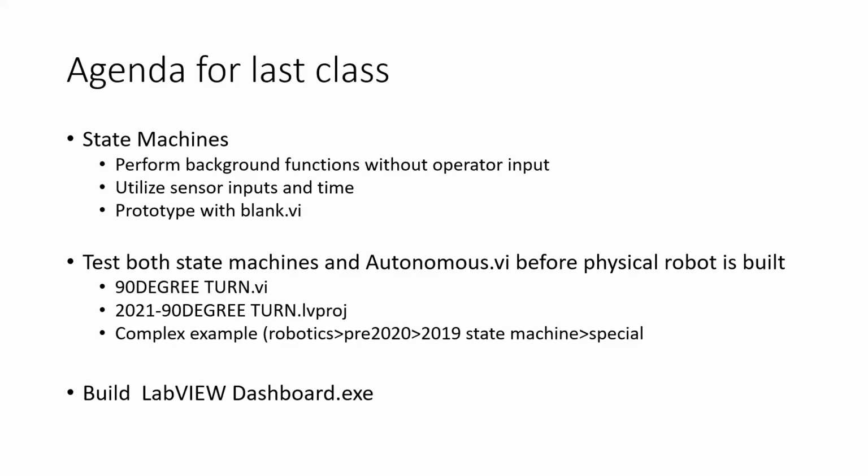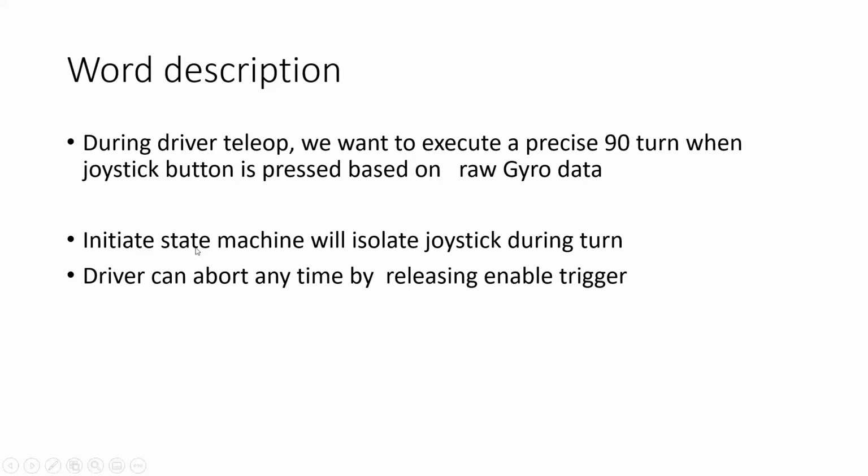So in the robot, we use the state machine to perform background functions without the operator having to do anything about it. It also has the ability to utilize sensor inputs and time elements to be able to control its activity. And the neat thing about, at least the way LabVIEW does it, is that we can prototype the state machine itself with a blank VI and then incorporate it in the robot project.